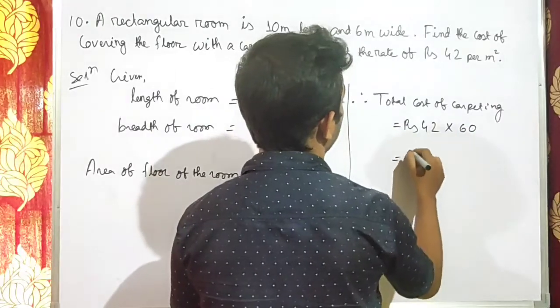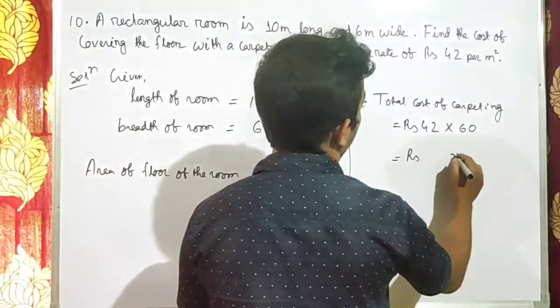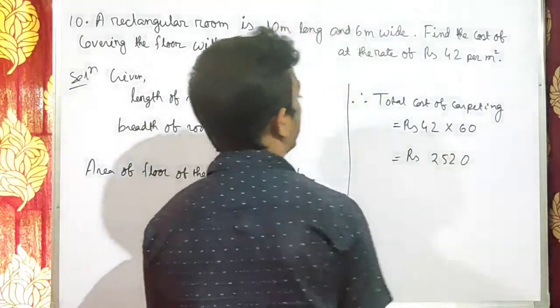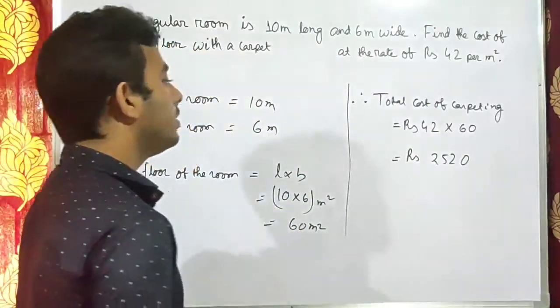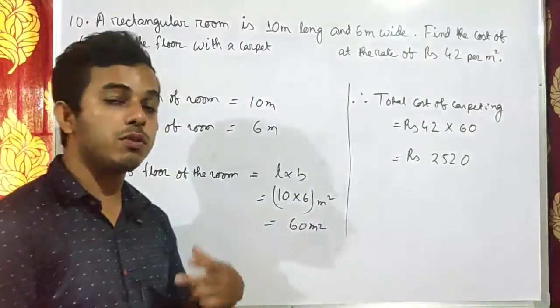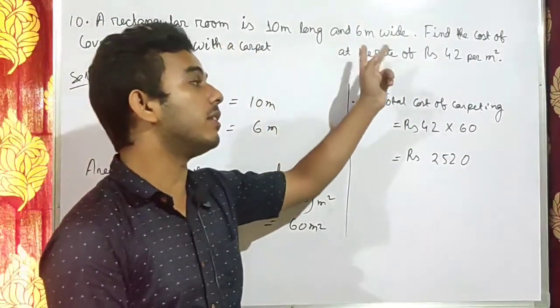Clear? So 42 into 6 is how much? 6 twos are 12, carry 1, 6 fours are 24, plus 1 is 25. So it will be 2520. So you will need 2520 rupees for carpeting the room of length 10 meter, breadth 6 meter.